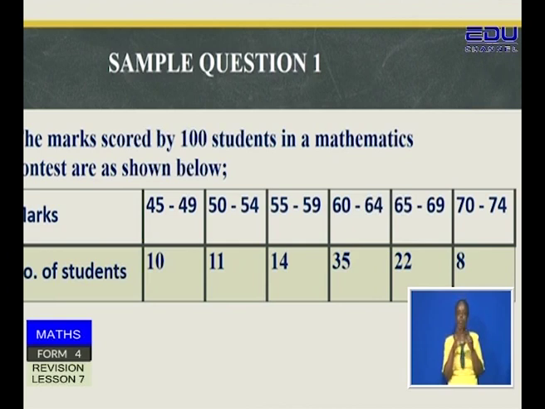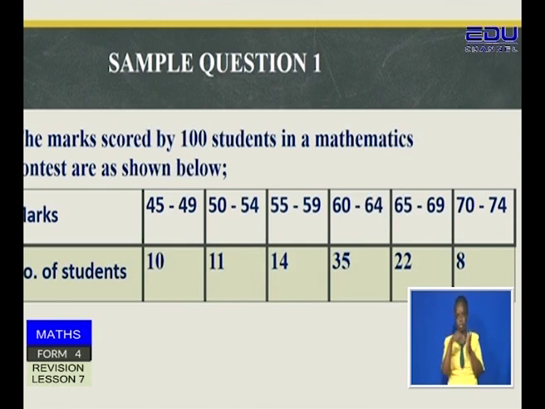For example, in the interval of 45 to 49, there are 10 students who scored that interval of marks. The same applies to the rest of the classes, where for 70 to 74, there were 8 students who scored in that interval.